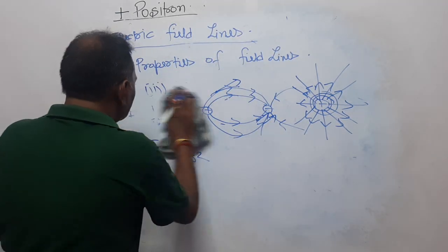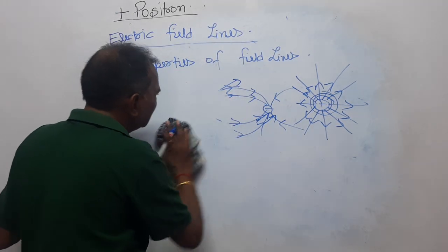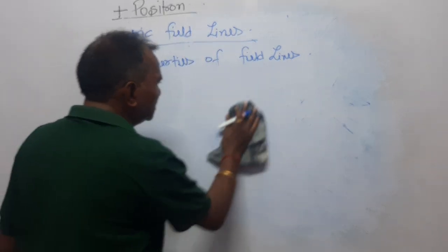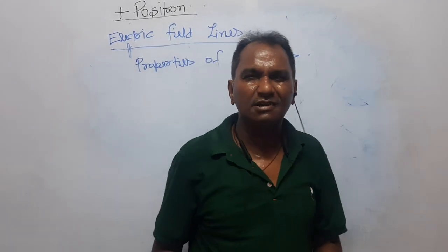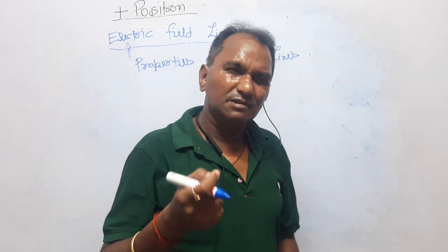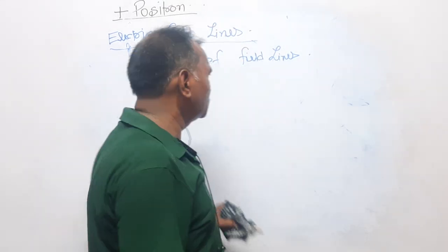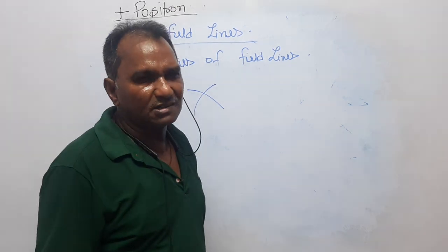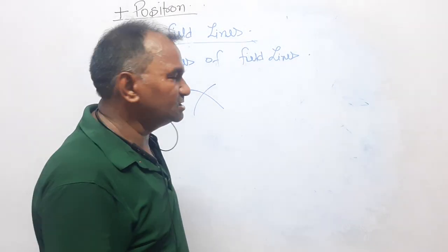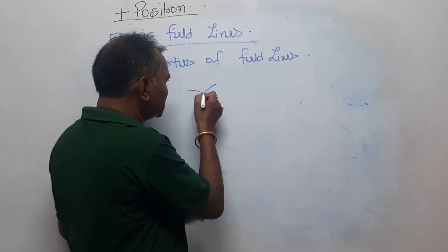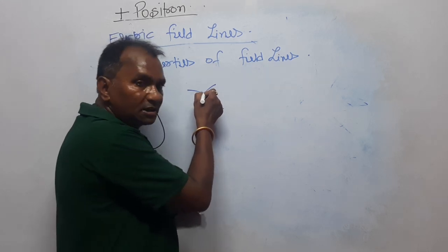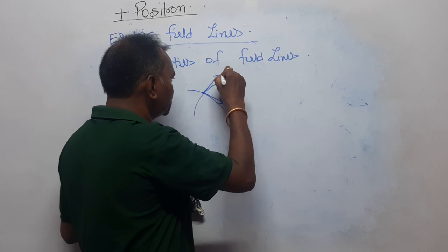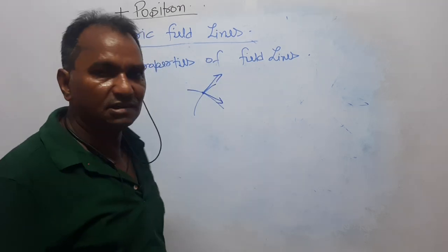Next property, dear students, is that two field lines cannot intersect. If they intersect, then what happens? For example, two field lines are just intersecting each other. Now, at the point of intersection, one tangent you can draw in this way, and another tangent can be drawn in that way.